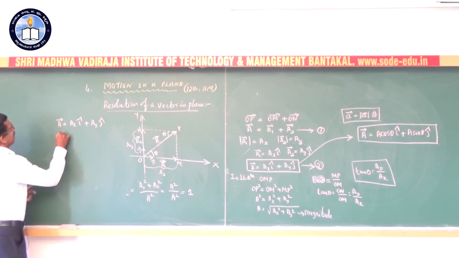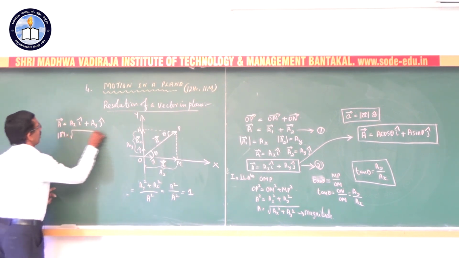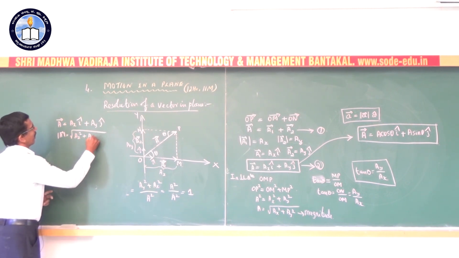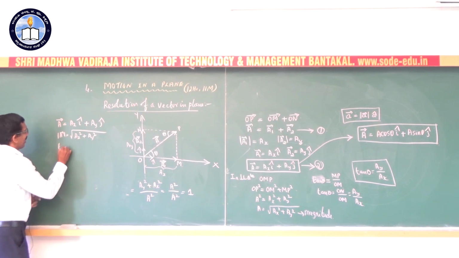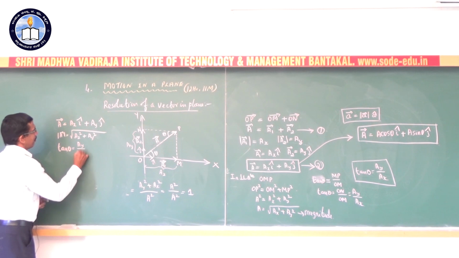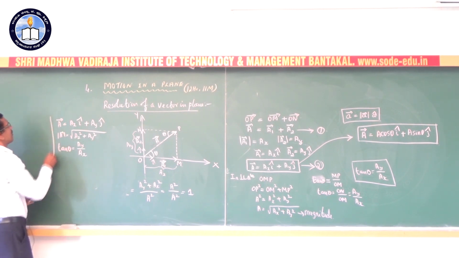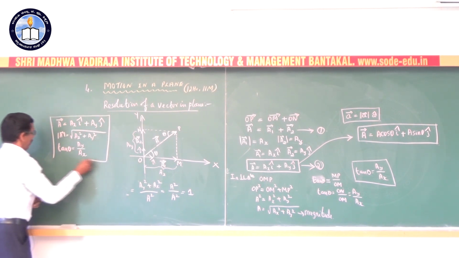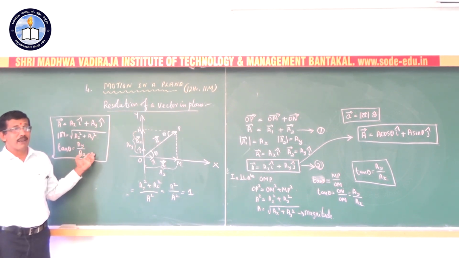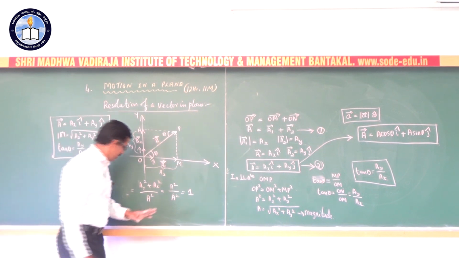Here, the magnitude of vector A is given by root of AX square plus AY square. Direction is given by tan theta is equal to AY by AX. This is to remember, to work out the problems. This is very, very important.